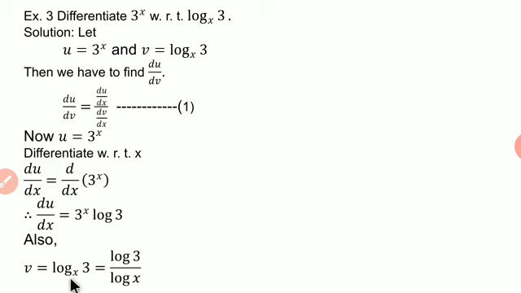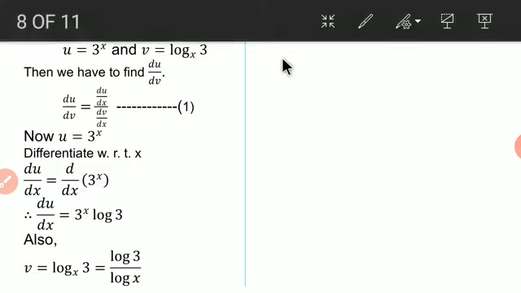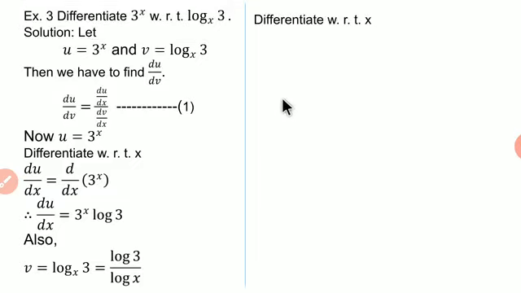Now we can write it in terms of log to the base e as log 3 divided by log x. Now we can easily differentiate this. So differentiating with respect to x, we get dv upon dx is equal to d by dx of log 3 upon log x. Now here log 3 is constant.